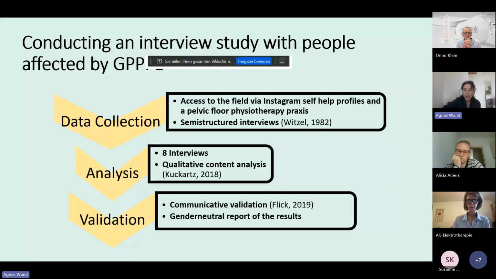This means that at the end of analyzing the results, I showed the result reports and the categories to the interviewees and asked them for their opinion.